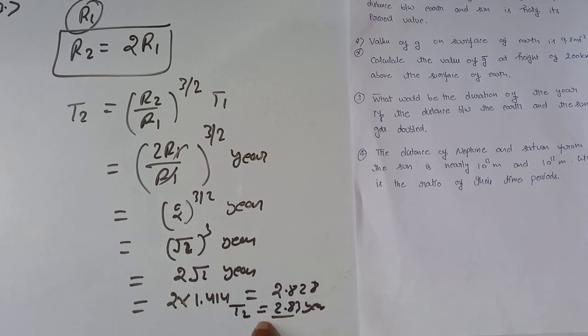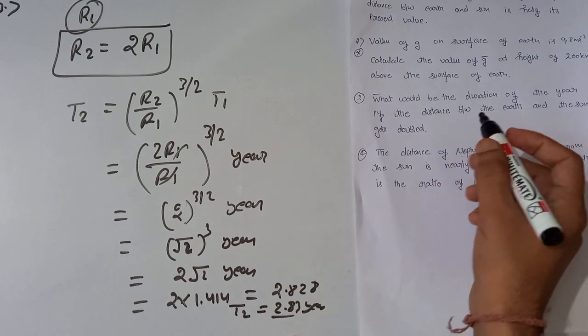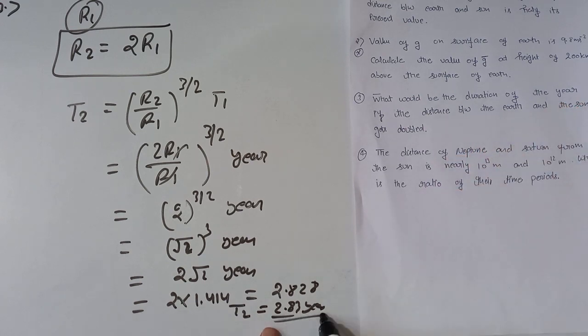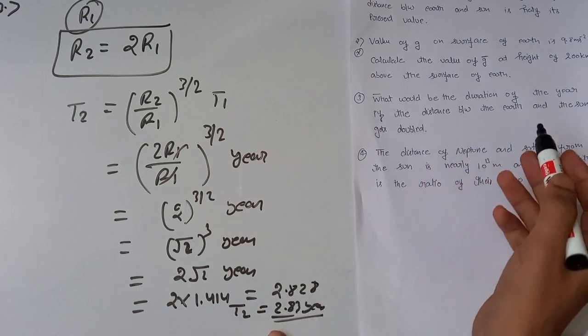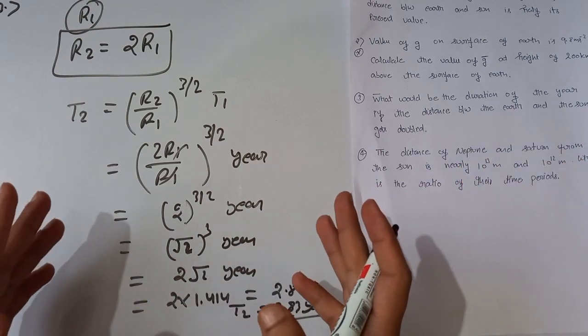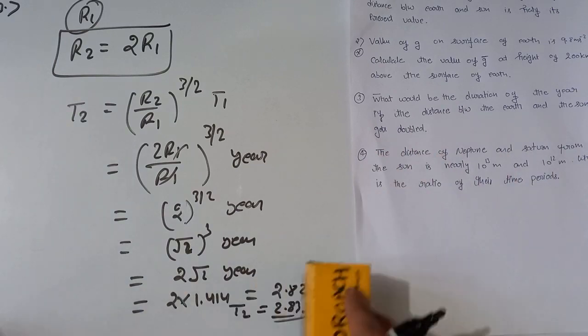T2 is equal to 2.83 years. So 1 year becomes 2.83 years if the distance between the Earth and the Sun gets doubled. I hope this numerical is clear to you.